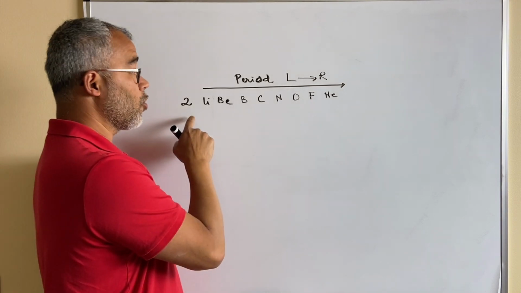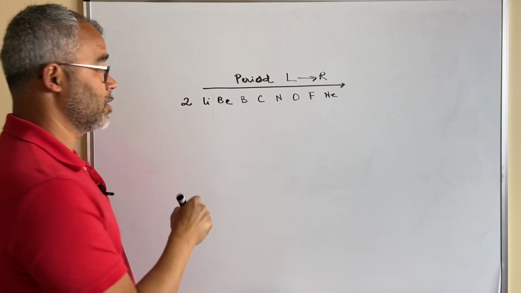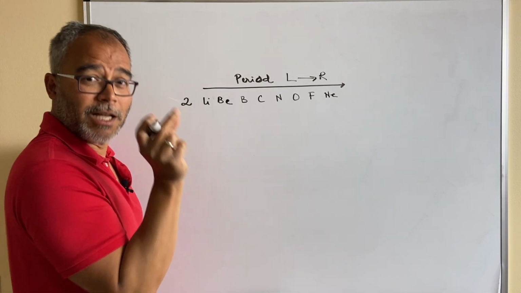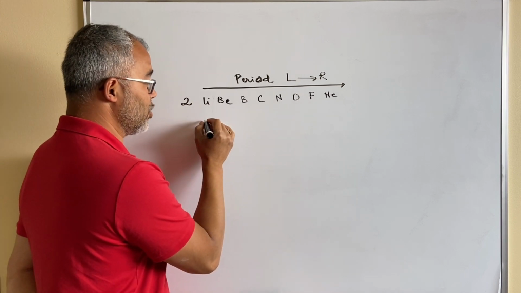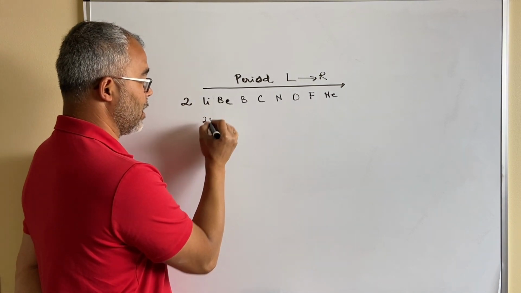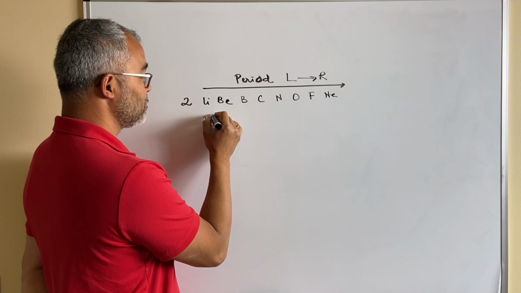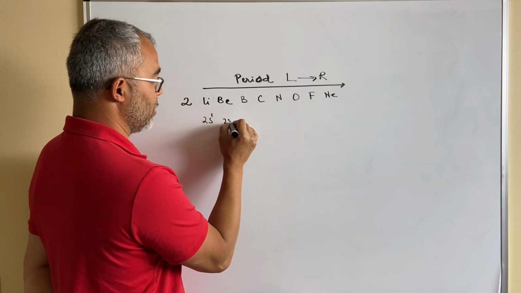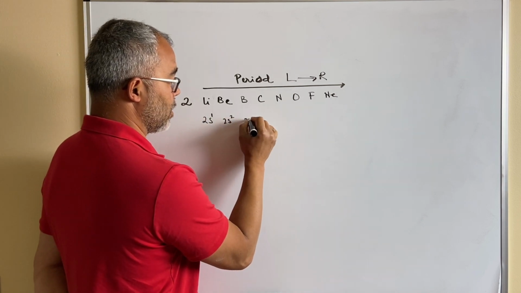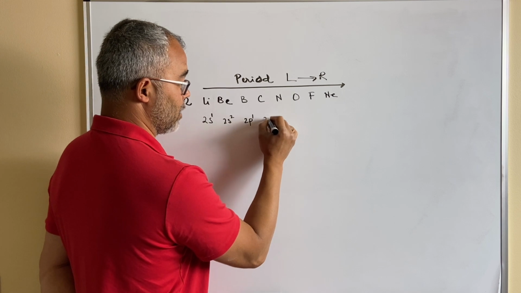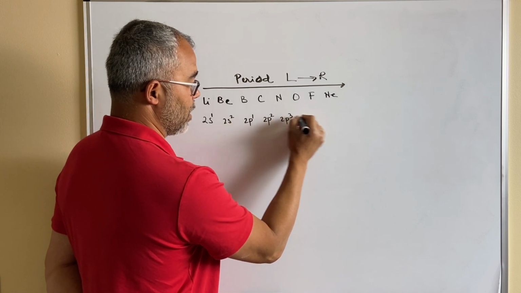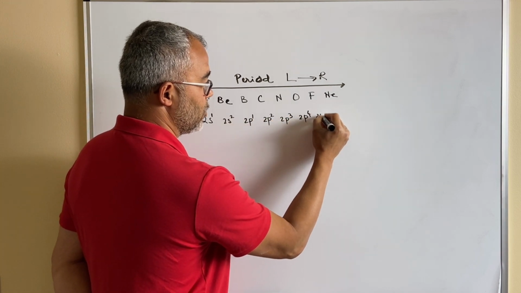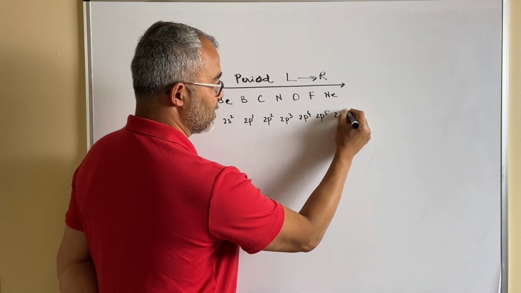If you write out the electron configuration of all of these and look at the valence shell, in lithium you have 2s1, beryllium is 2s2, boron is 2p1, and then 2p2, 2p3, 2p4, 2p5, and 2p6.